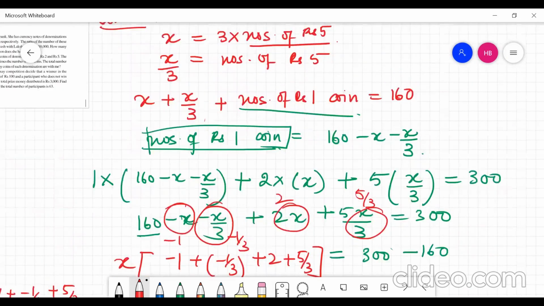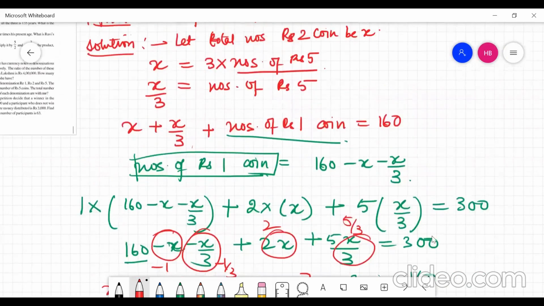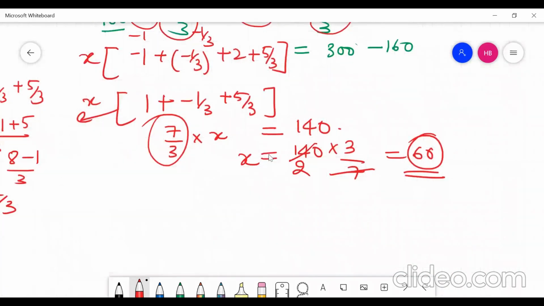I know what was x. What did I assume x as? I assumed x as the total number of 2 rupee coins. So now please put back this x value in the equation.